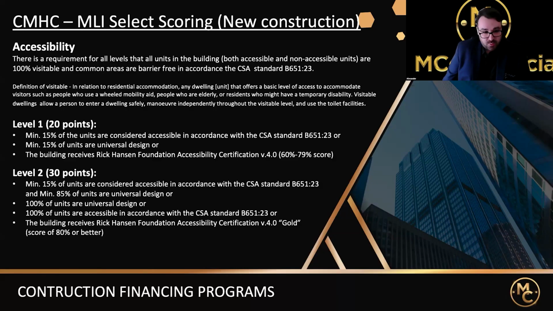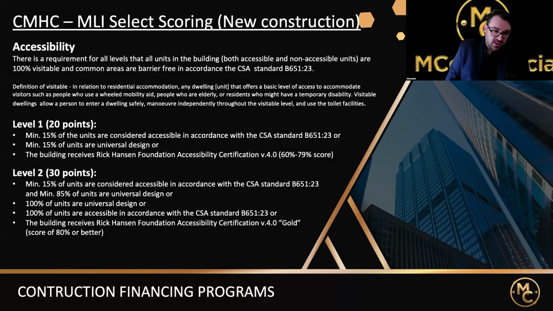And then in order to get those points, you also have to provide for level 1, 15% of the units actually being fully accessible under the CSA standards, or 50% of the units being of universal design. Universal design is a guideline that CMHC put in place. On their website, they do have a document that goes through in detail what's required in order to be considered universal design.